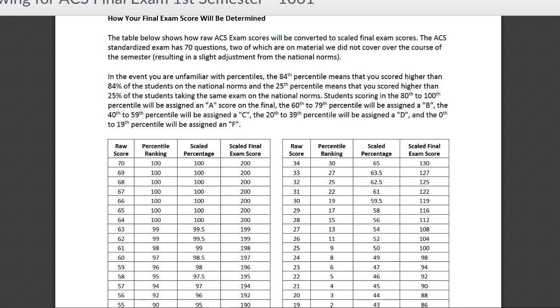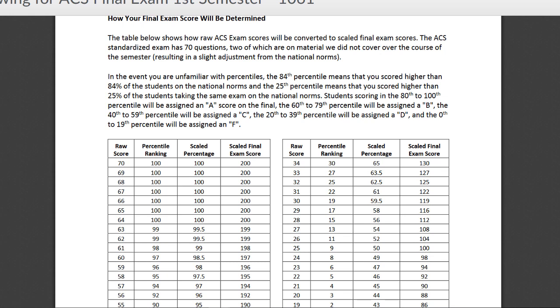And so those people score a B in here. If you're in the 40th to 59th percentile, you'll be in that middle quintile, and you'll receive a C. If you're in the 29th to 39th percentile, you'll be in the 4th quintile. If you are in the 19th percentile or below, you're going to be in the bottom quintile, and you'll receive an F on this exam.